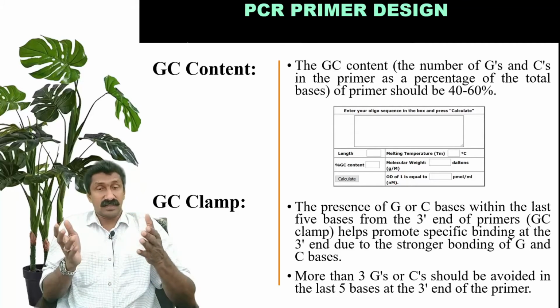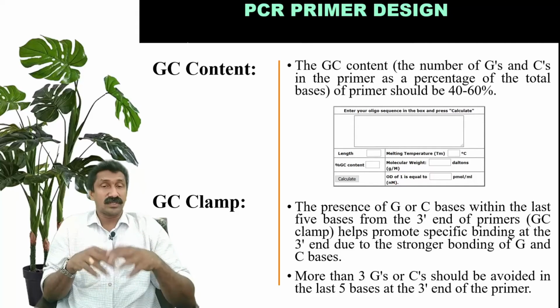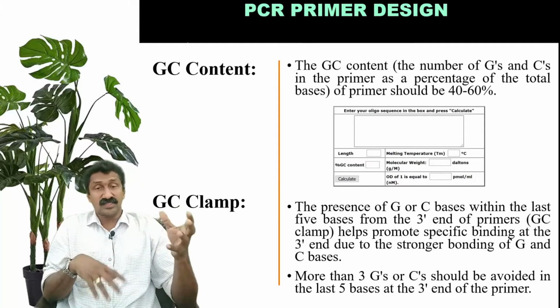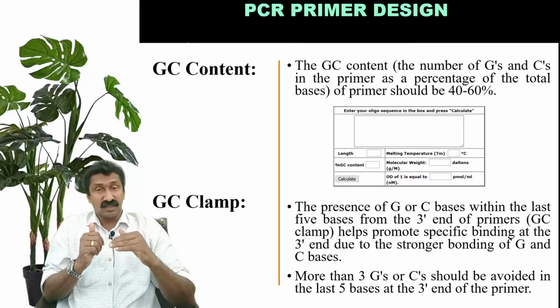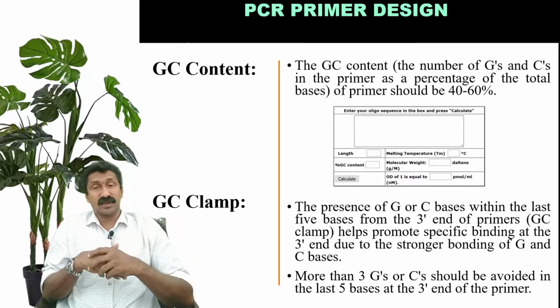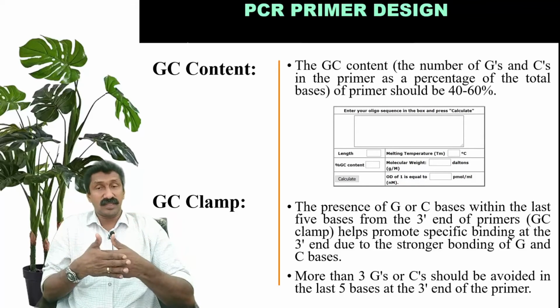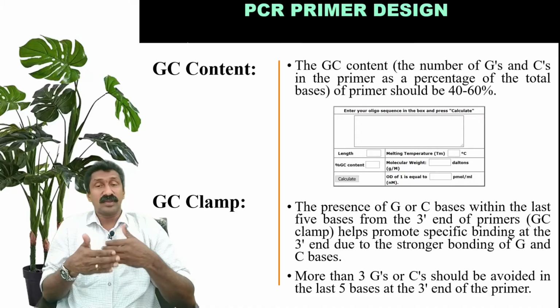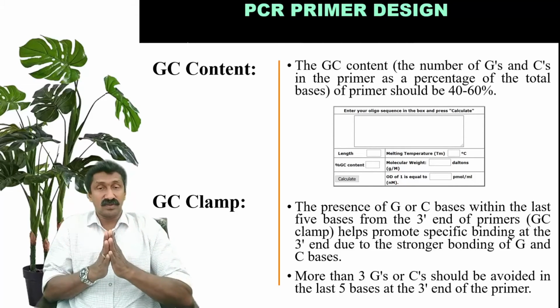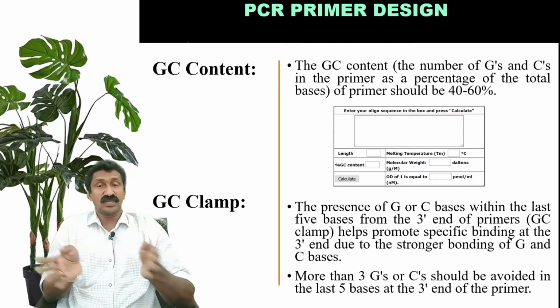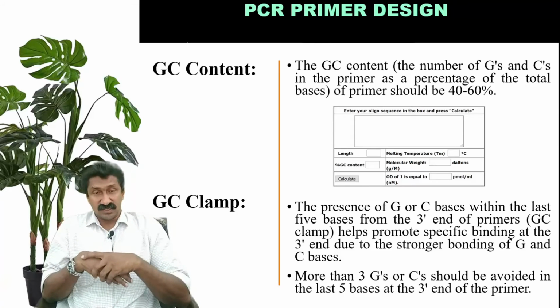More than that will not be good, because if, for example, all the last 5 bases at the 3' end of the primer were G or C, that means it forms a very strong bond, and the primer will be quite difficult to dissociate and again join with the target DNA.